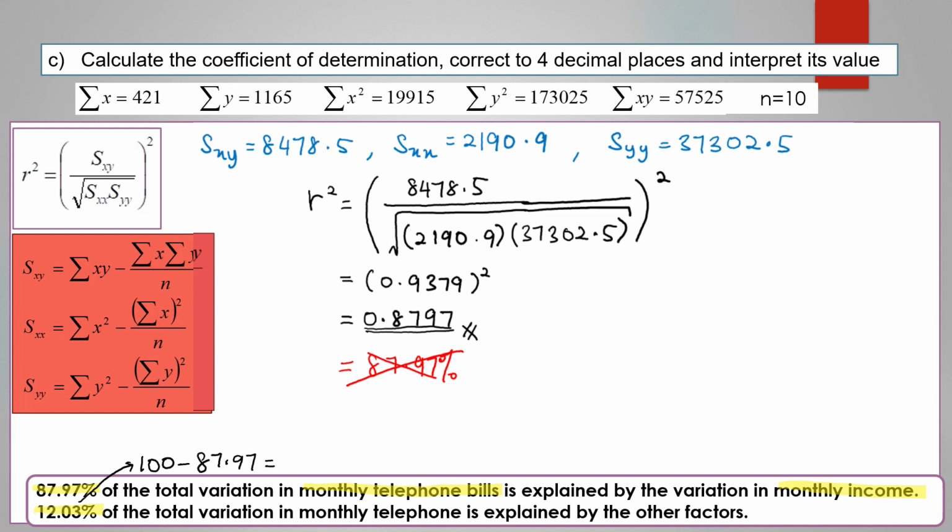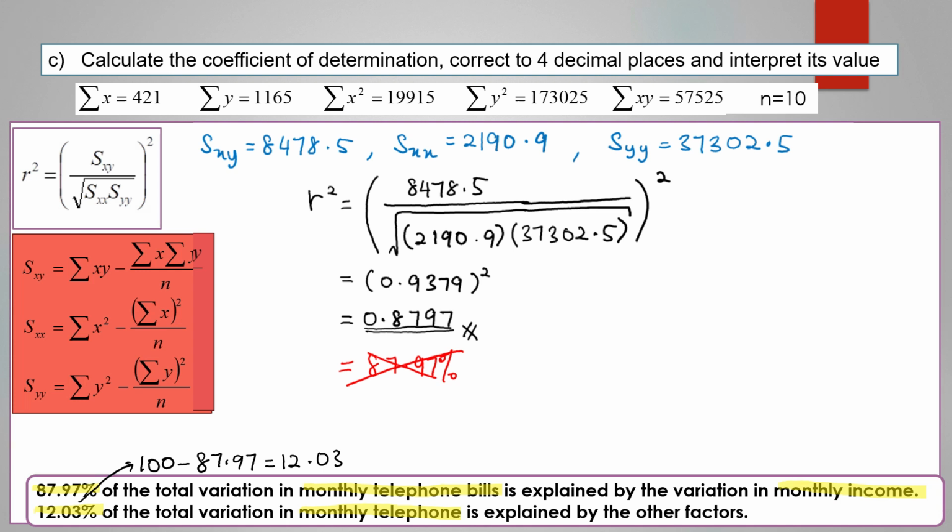So here it will give you 12.03. That's why we write 12.03% of the total variation in monthly telephone bills is explained by the other factors.